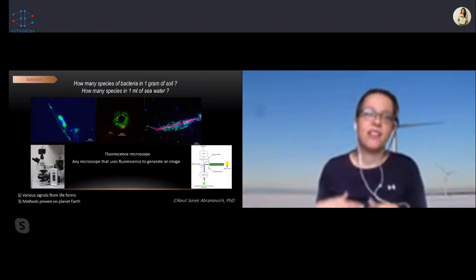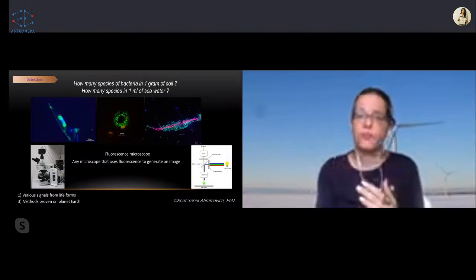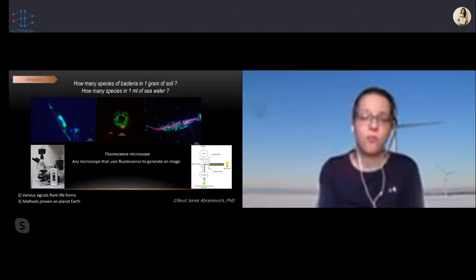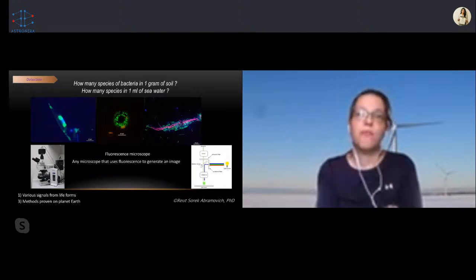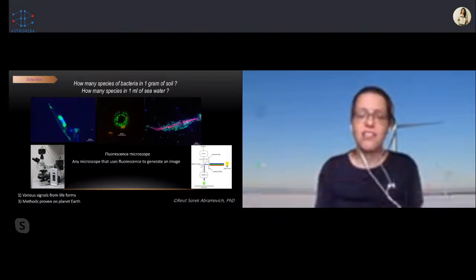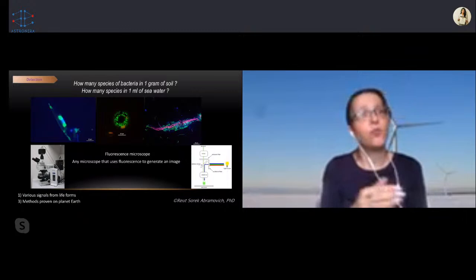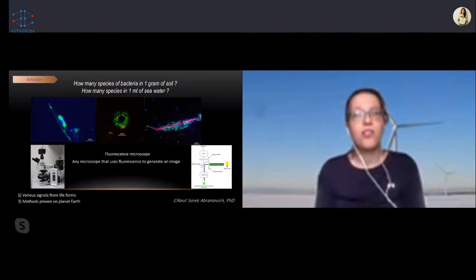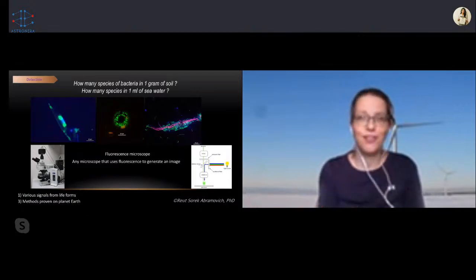As we progressed into molecular biology and started to look straight at the DNA of things instead of trying to grow them in the lab, we were able to ascertain that gap and understand exactly how many species of bacteria are in 1 gram of soil. In general, there could be billions of bacteria. Yeah, 1 with 9 zeros, bacteria in 1 gram of soil.